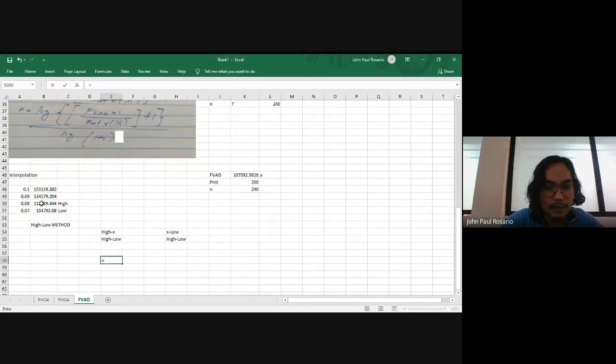High minus x. And then we have high minus low, equals high minus low, or we can use this one, x minus low, and then high minus low.